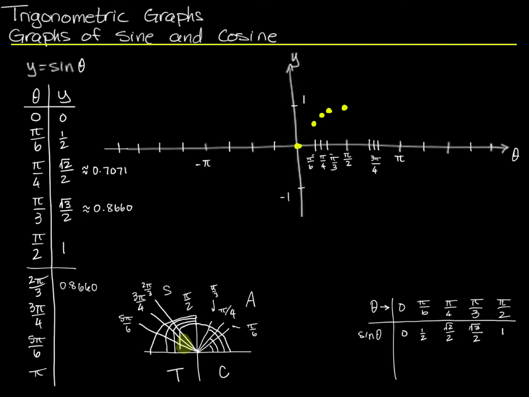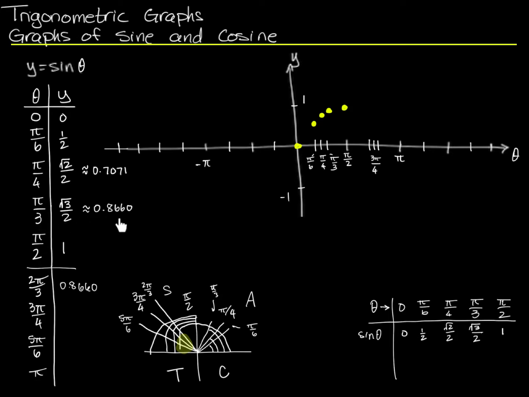Since we're in quadrant 2 and dealing with sine, all our values are going to be positive, and they're going to have the same numerical values as the values in the first quadrant. So where I had a reference angle of pi over 3, that's 60 degrees, it's going to have the same value.